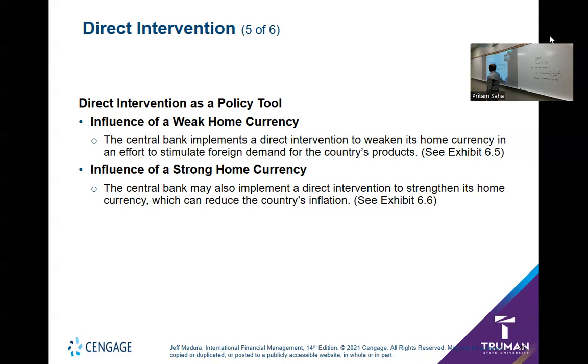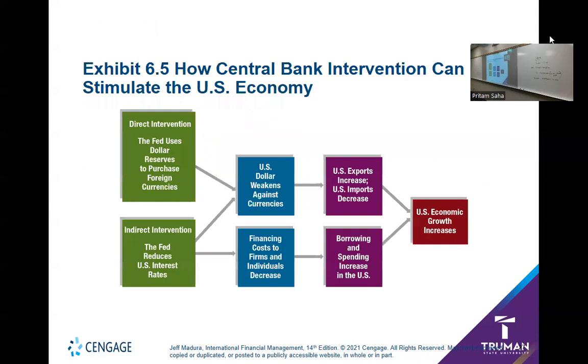On the other hand, if you go for strong home currency, what is the thing? We can control for inflation, but we may experience more unemployment in the USA. Make sense? Any questions? Direct interventions. So this is something you can think about.